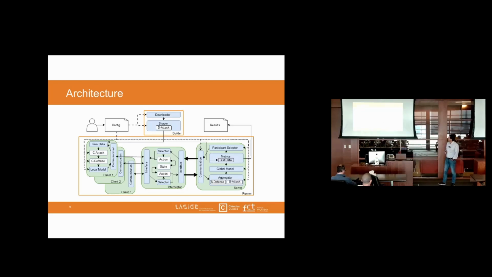Now, inside of the interceptor, you have selectors that are able to look at the traffic and, using a certain policy, decide which traffic should go through and which traffic should be acted upon. And if it's a packet that we want to act upon, you can define actions to be performed.